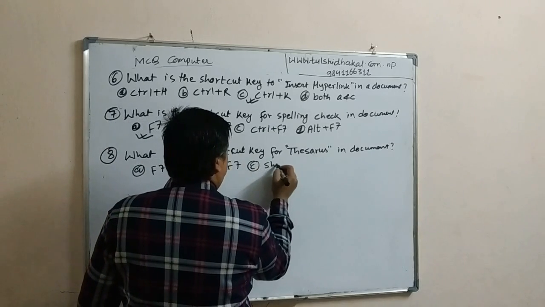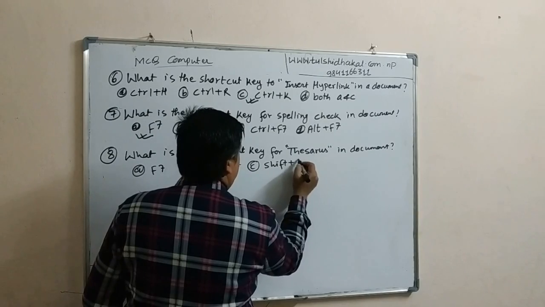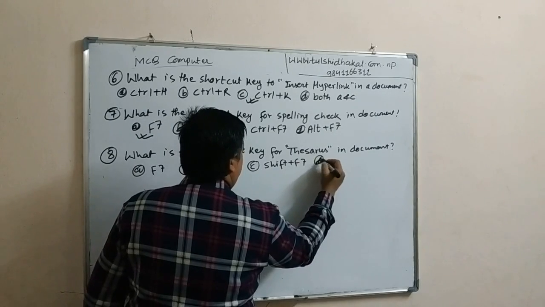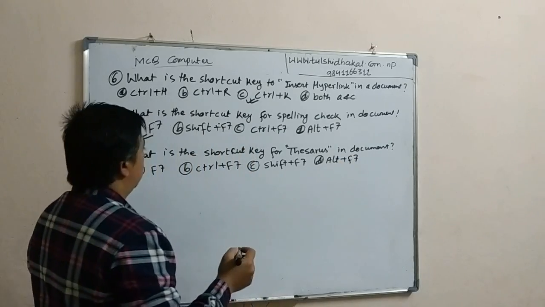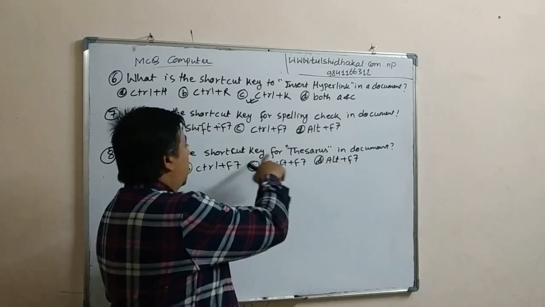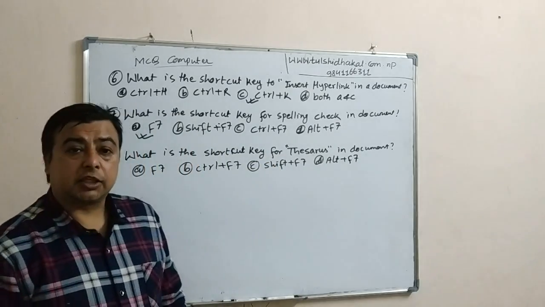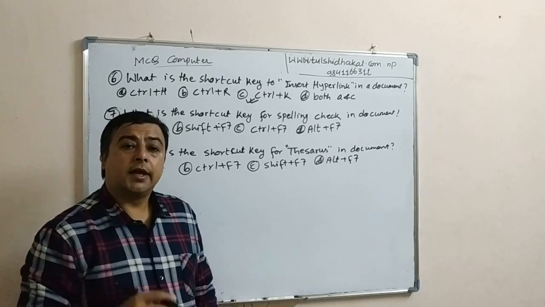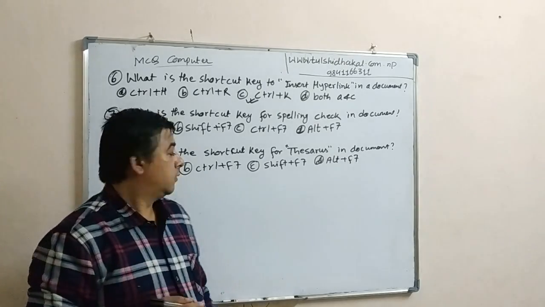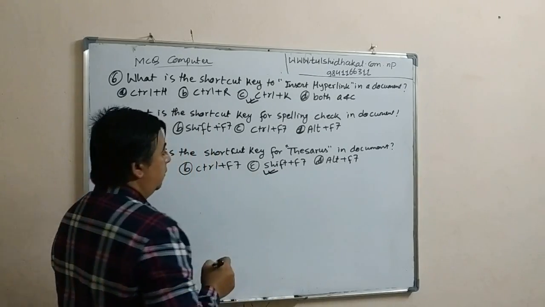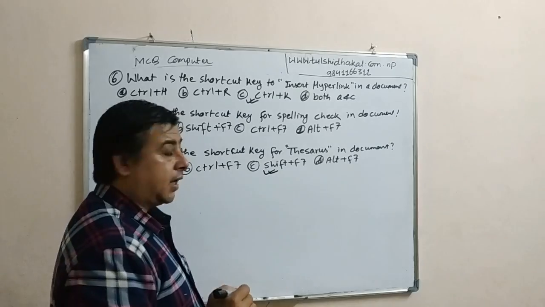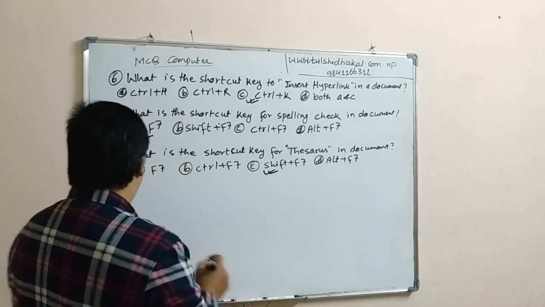Option number C, Shift plus F7. Option number D, Alt plus F7. Thesaurus means to find synonyms and antonyms. We have to press Shift F7. So, option number C is the correct answer.